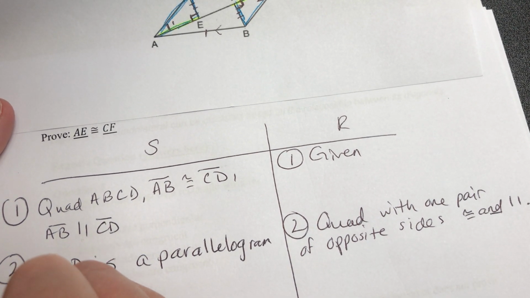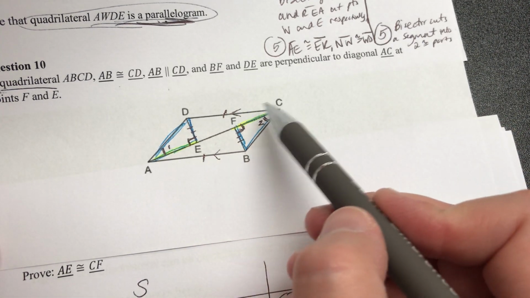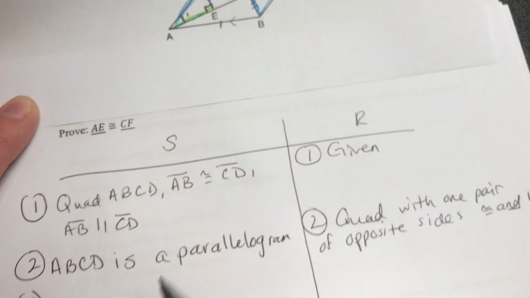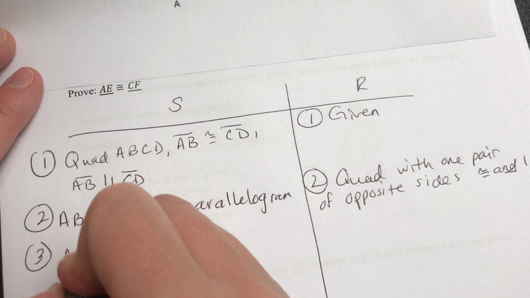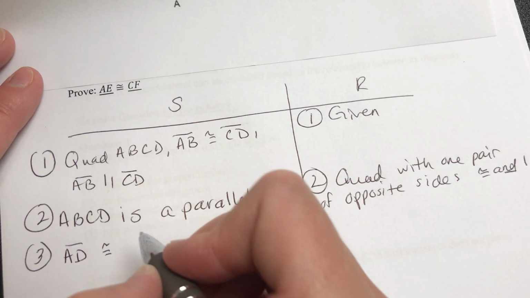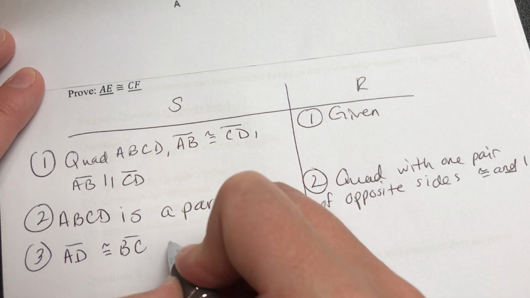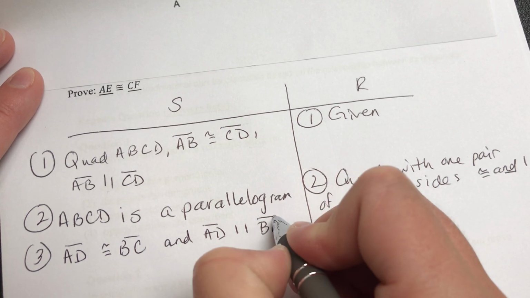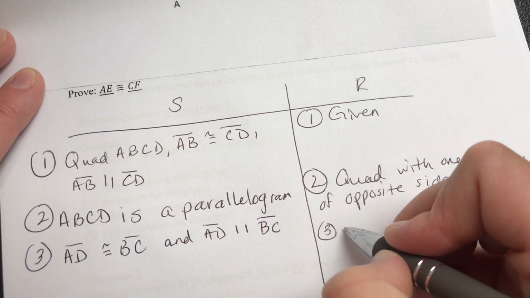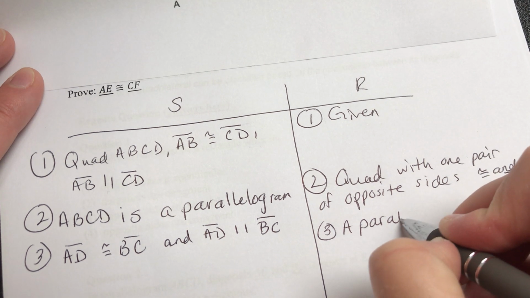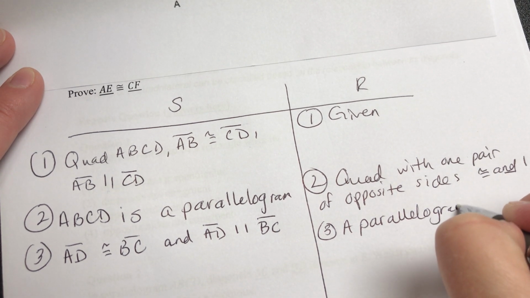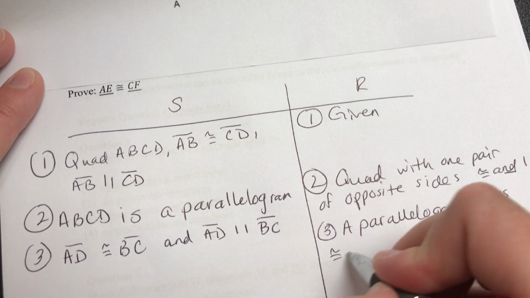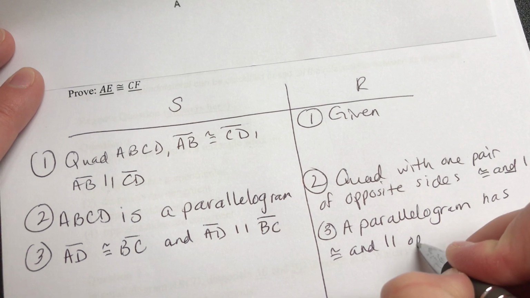I wanted to use that because I want to say that AD is congruent to CB and they're also parallel. So I'm going to say both of those things: AD is congruent to BC and AD is parallel to BC. A parallelogram, it's almost the same thing as statement 2, has congruent and parallel opposite sides.